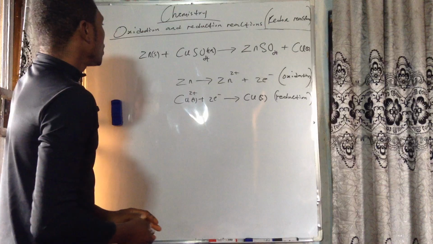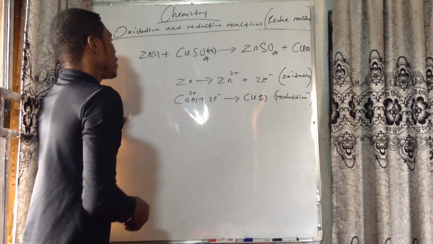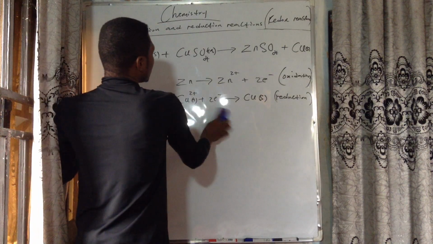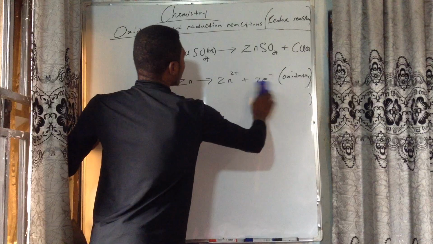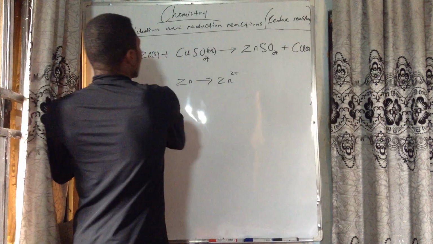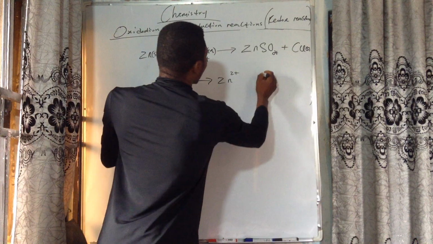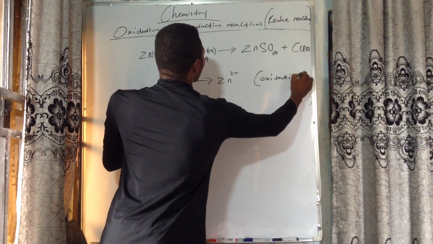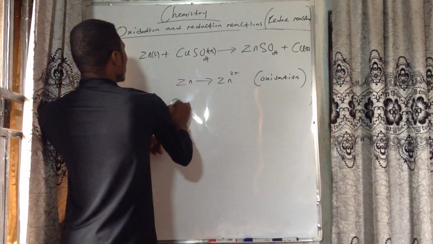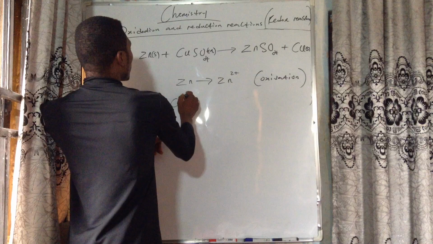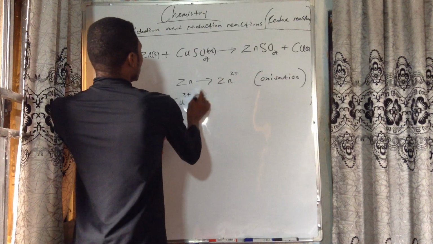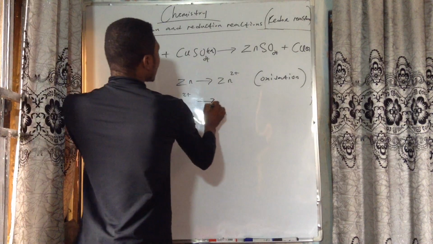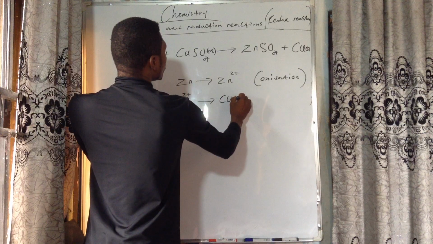Now, if you just really want to balance this, you don't just write it like this. You can just write that Zn gives Zn2+, oxidation, and Cu2+ on this side, the other side is Cu solid.